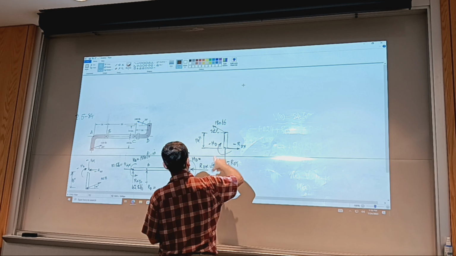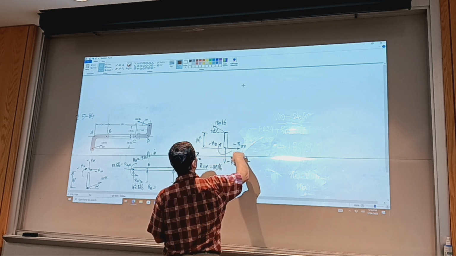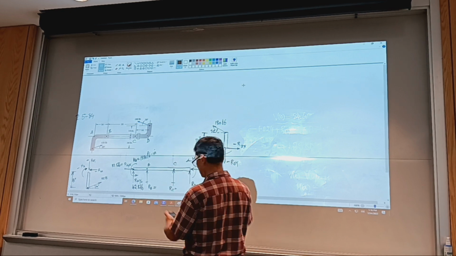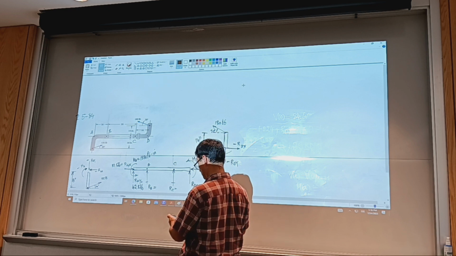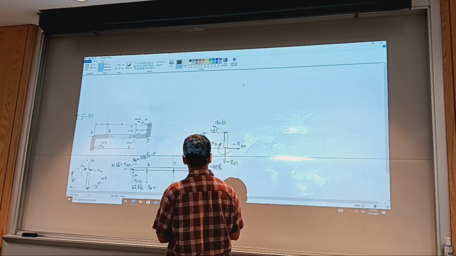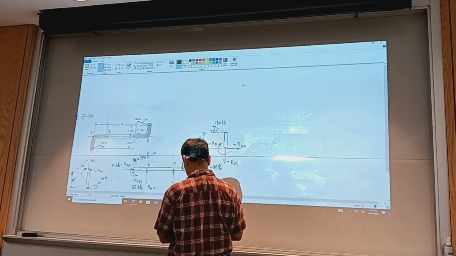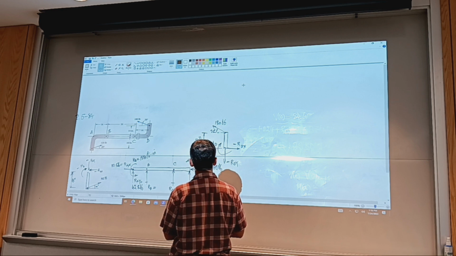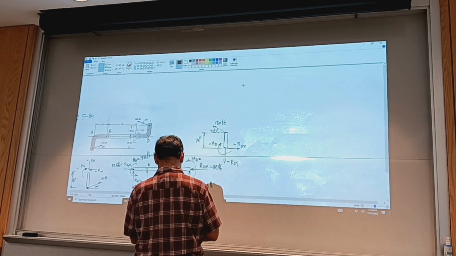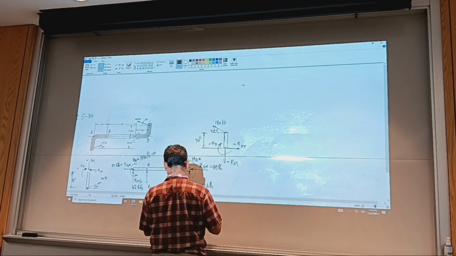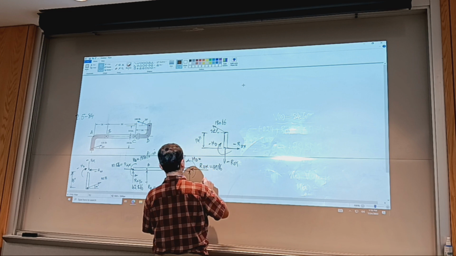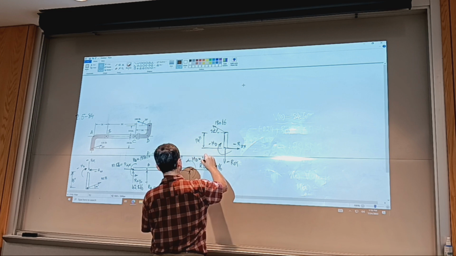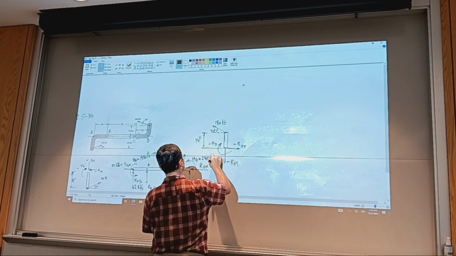And then the moment is going to be which force? It's going to be the horizontal force. Actually, no. Calculate it first. 169.1 times 14 equals 2,367.4 pound-inch.